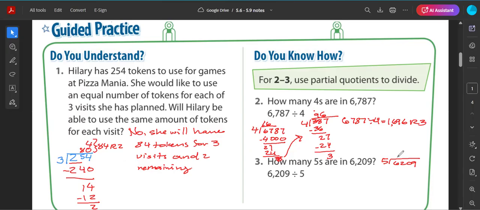Or if I want to look at 62, I can go ahead and use my partial quotients for this one. So now I'm going to do 5 times 12. That'll give me 60. 5 times 1,200 will give me 6,000.